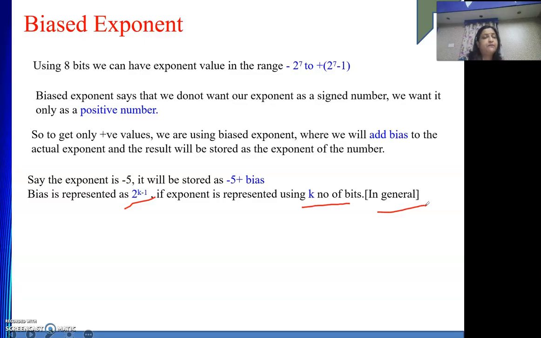So we keep them as positive exponents only. The actual exponent may be negative also, so we'll add some value to it so that it becomes positive. So whatever is my least value, if I add the positive of that, then all other values will become positive, right? So that we are going to do.